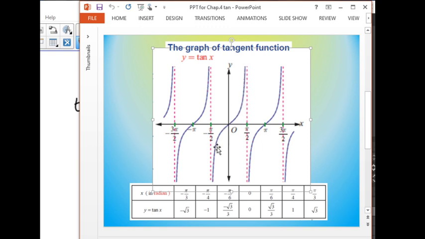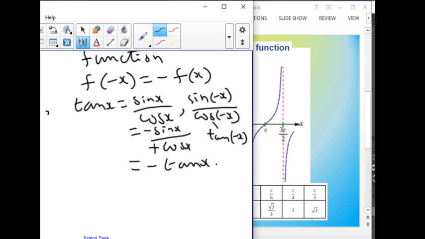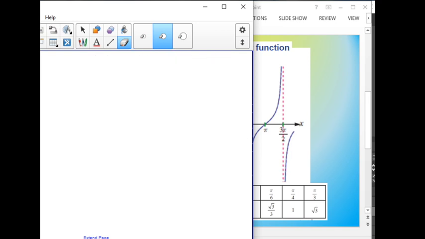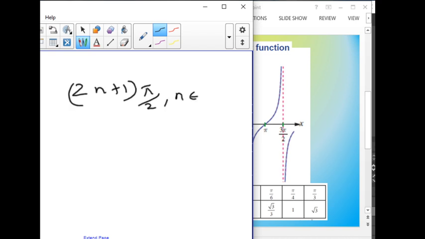The curves of sin x and cos x were continuous, but here the curve is not continuous, therefore it is discontinuous. When you plot these points on the graph, we get this type of graph. And if you notice, at minus pi by 2, pi by 2, 3 pi by 2, that is at (2n plus 1) into pi by 2, where n belongs to Z, the curve is discontinuous.